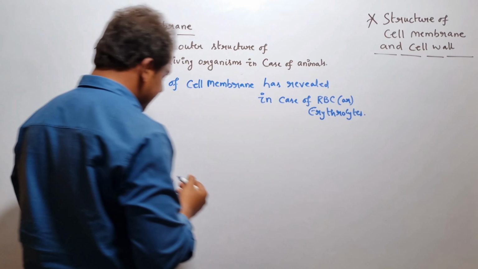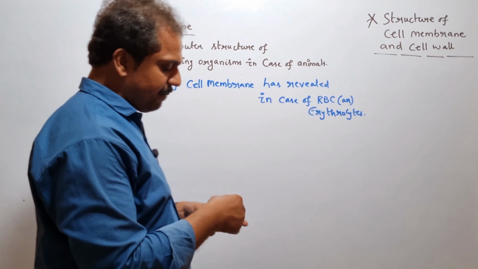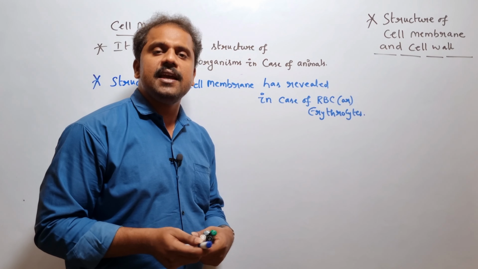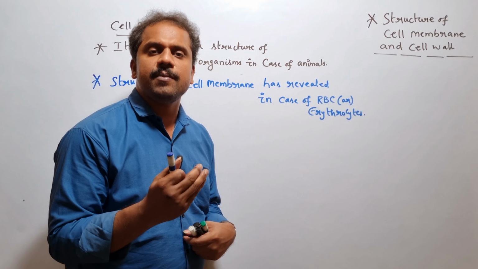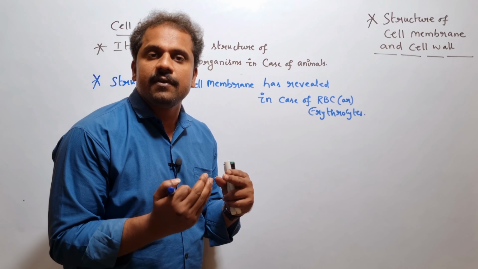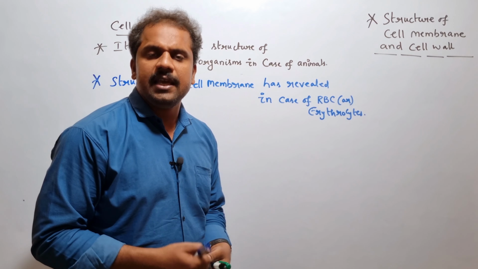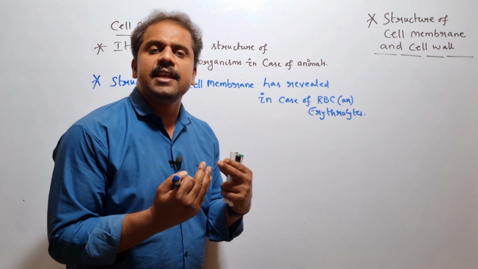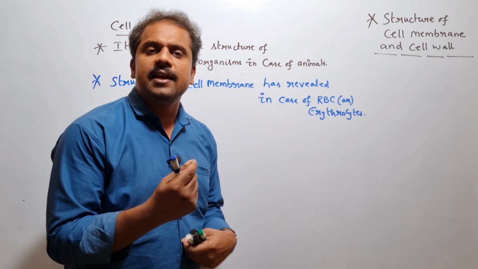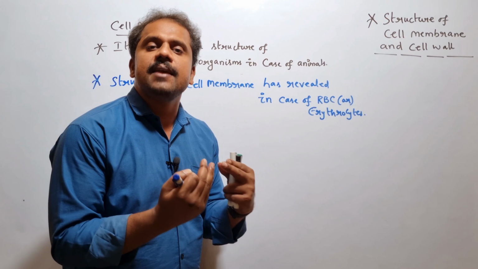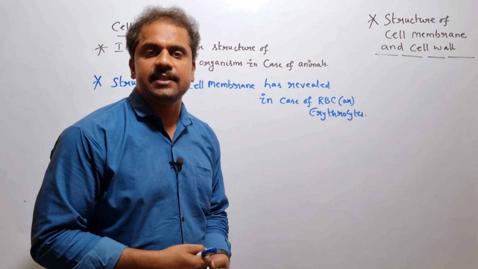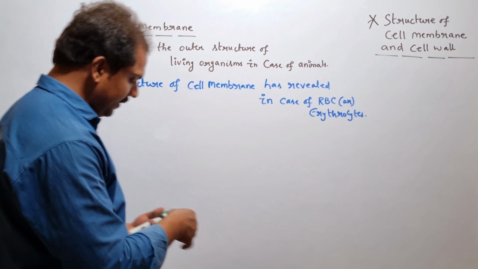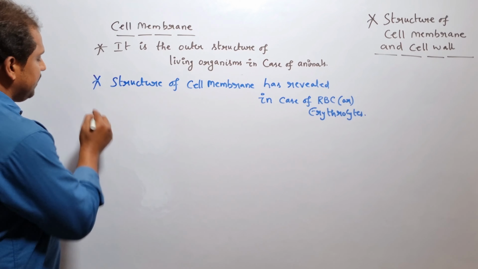And if we consider the chemical composition of the cell membrane or plasma membrane, chemically the cell membrane or plasma membrane is composed of proteins as well as lipids. If we consider the structure of any particular cell membrane, it is chemically composed of proteins as well as lipids. So let me write it here.